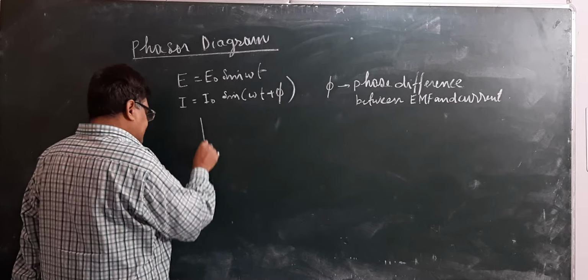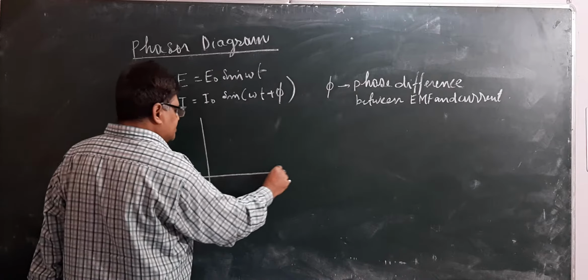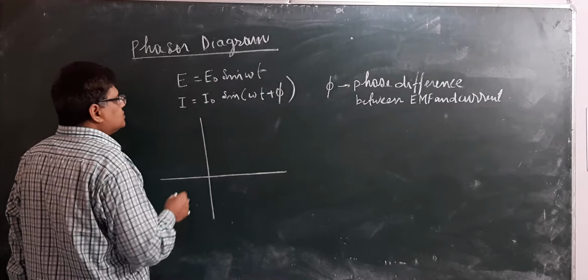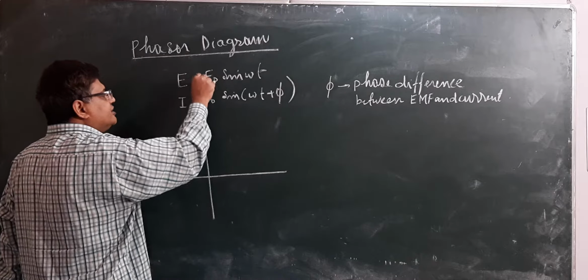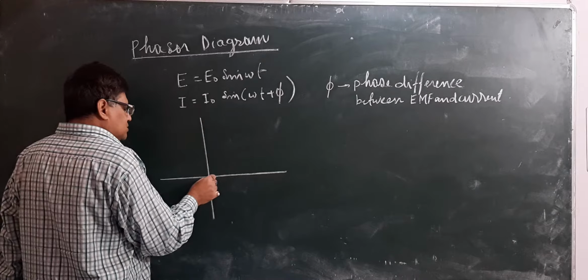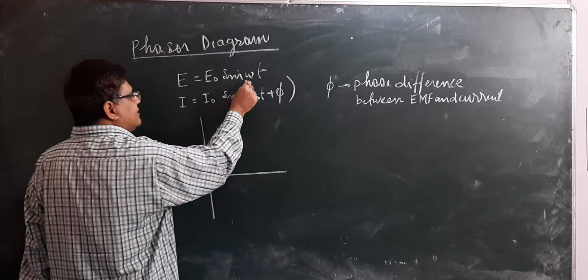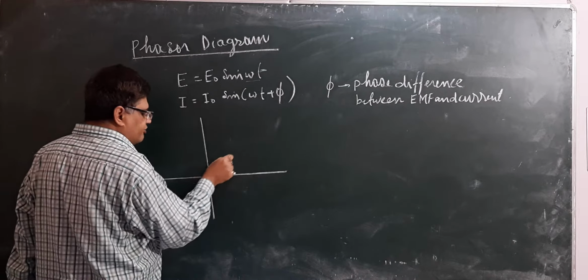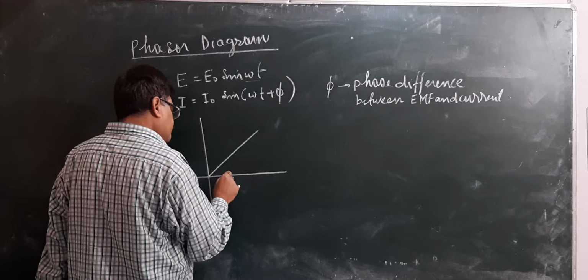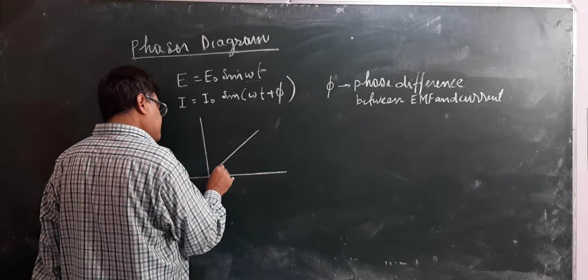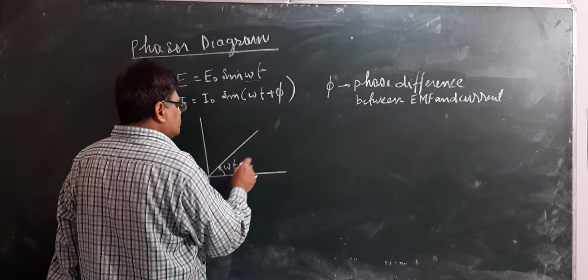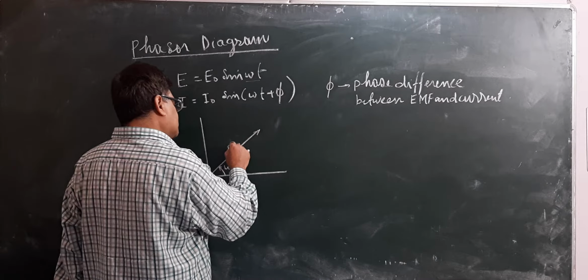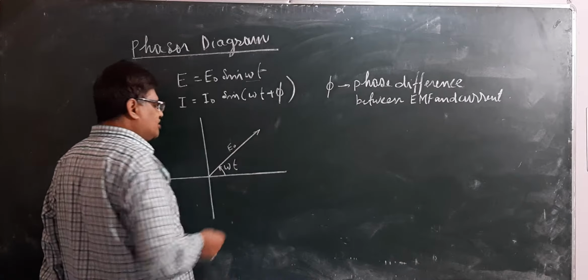Suppose we draw two axes mutually perpendicular to each other. Suppose this is the peak value of the EMF and the phase angle is omega t. So from this axis we will take an angle of omega t in the anti-clockwise direction, and this vector has a magnitude of E naught, or this vector has a length of E naught.